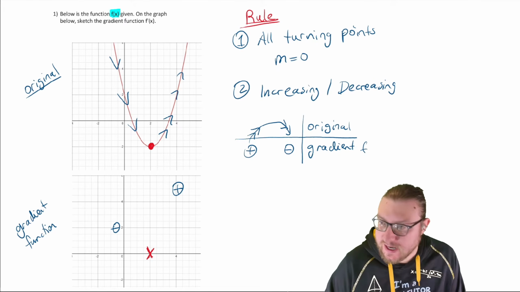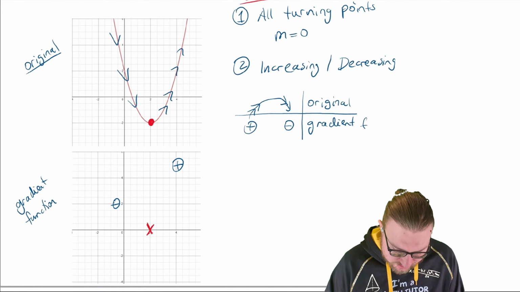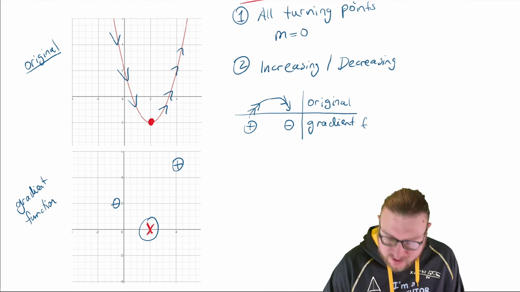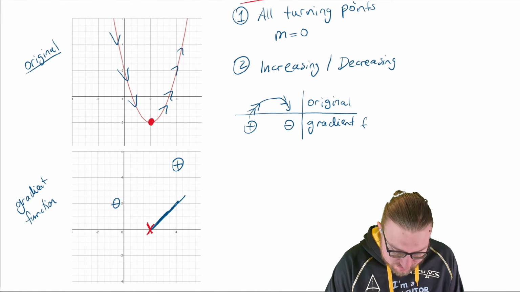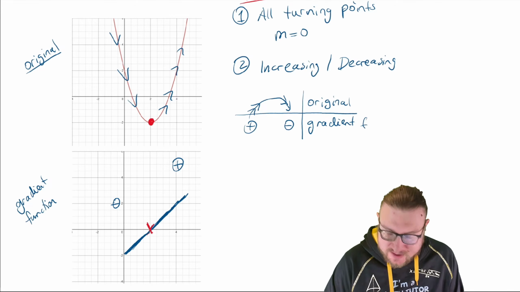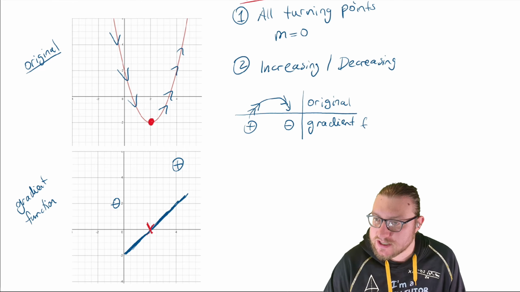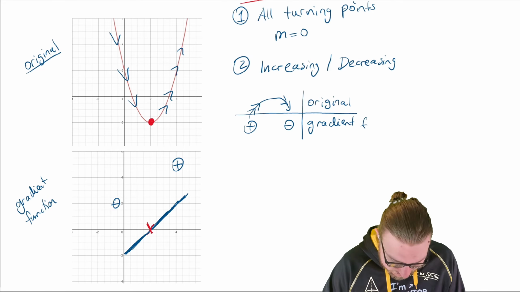That means we have a positive. So now all we've got to do is have a look at this point here where we are going through 0. After this point, we need to be in the positive numbers. Before that, we need to be in the negative numbers. And that is the indicator that we can now draw our line.